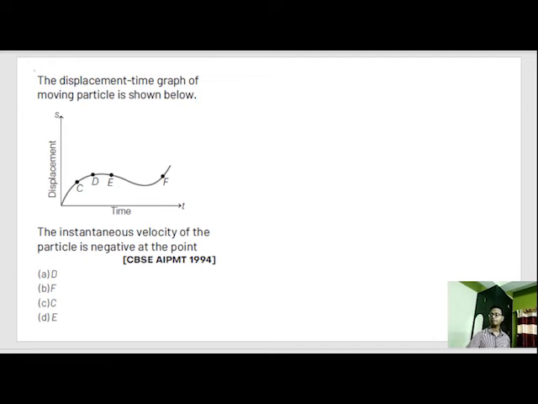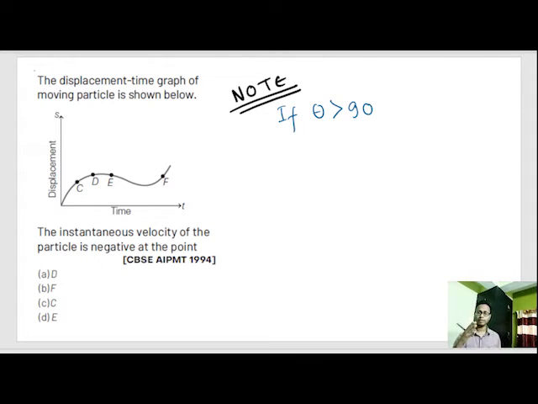The displacement time graph of a moving particle is shown below. The instantaneous velocity of the particle is negative at which point? Okay, write one more point. If theta is greater than 90, that means, as you all saw in the previous question, the line was leaning to the left-hand side.